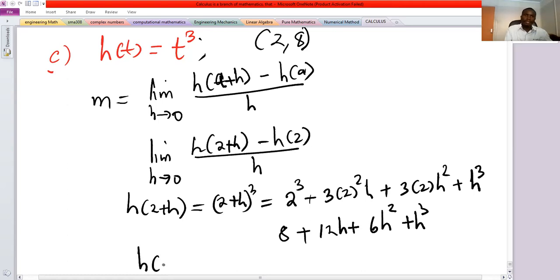And then h of 2, you simply put 2 where there's t, and 2 power 3 is 8.